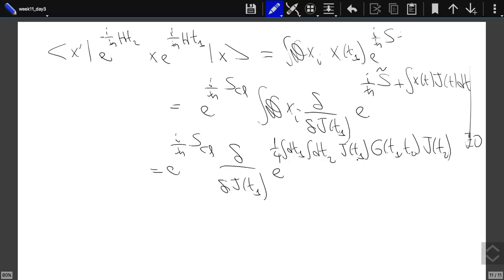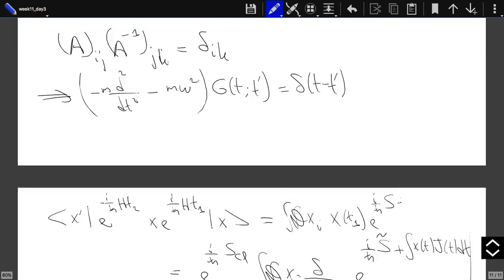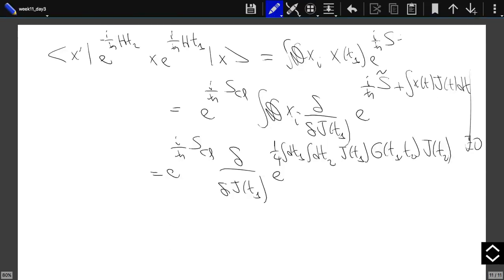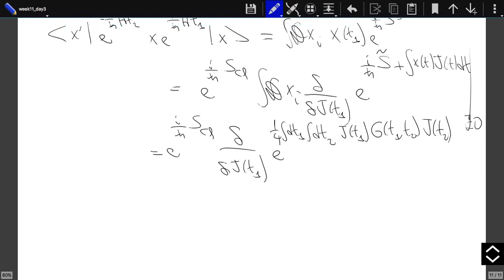This is nothing but J times A inverse times J. A inverse, we just named it G. And set J equal to 0.